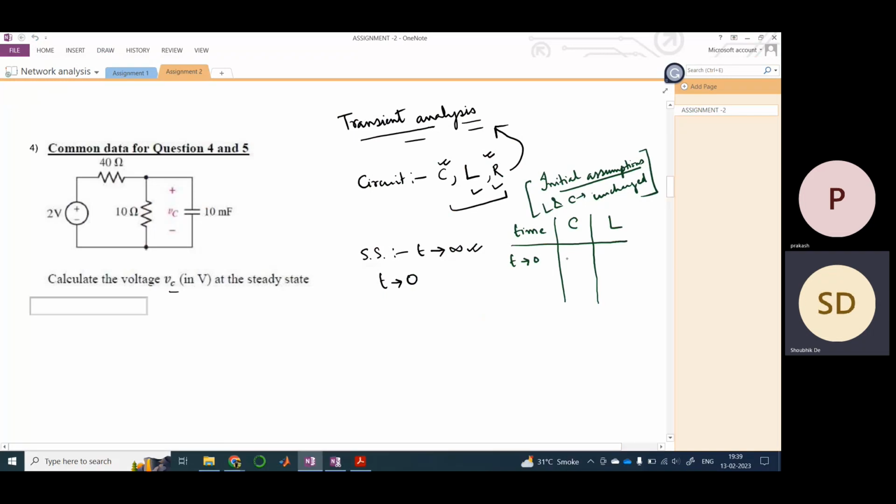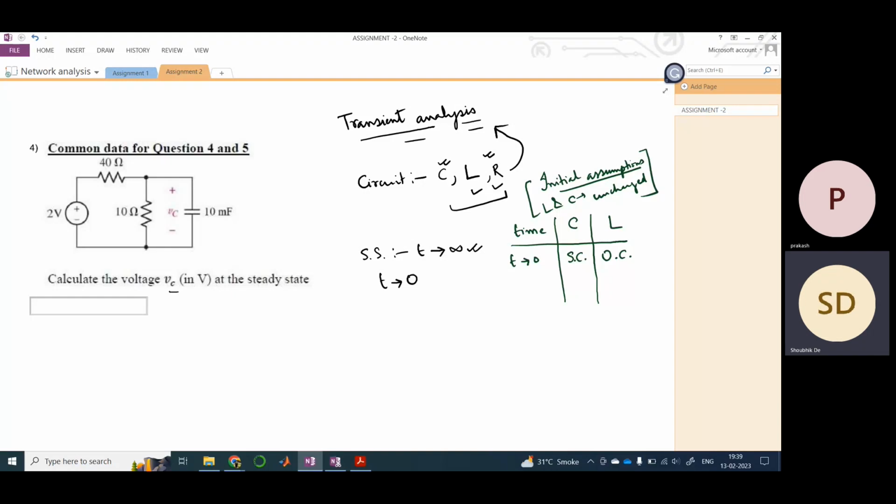Therefore my capacitor, writing it like this, SC means short circuit, and my inductor would be just the opposite. It would be an open circuit, because the energy given by the inductor is half Li square, and the energy given by the capacitor is half CV square.